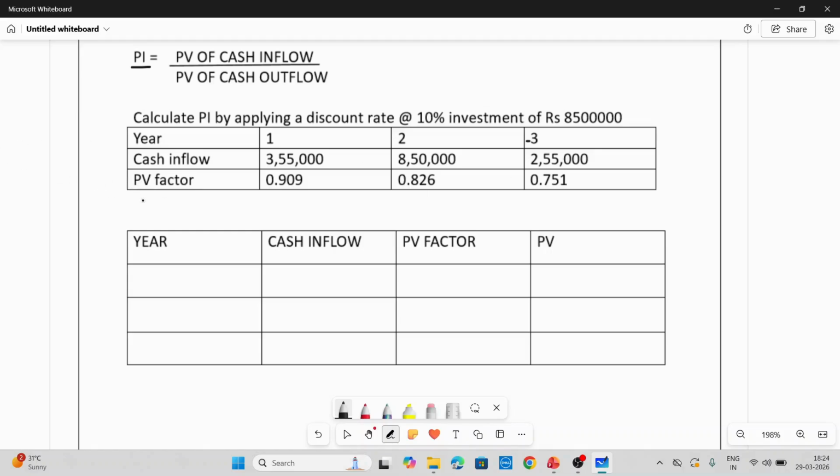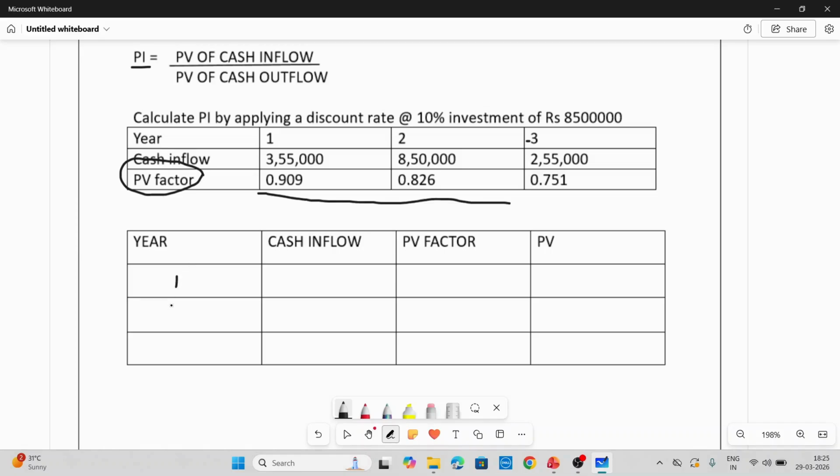In previous classes I have told you how to calculate the PV factor. If you want to know how these numbers occurred, please go back to the previous class recordings and check it. Now let's go to the problem directly.